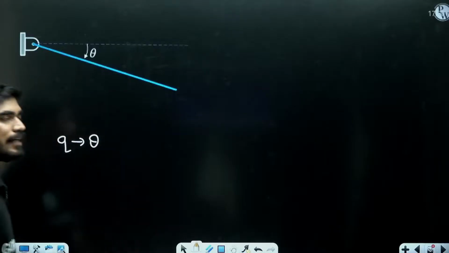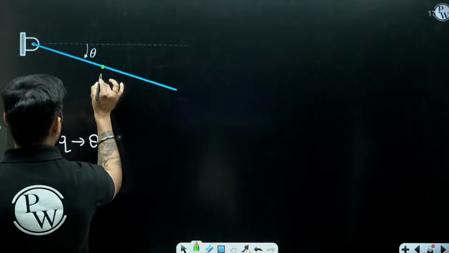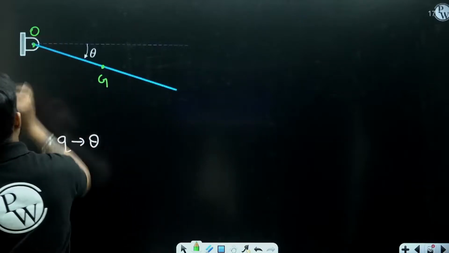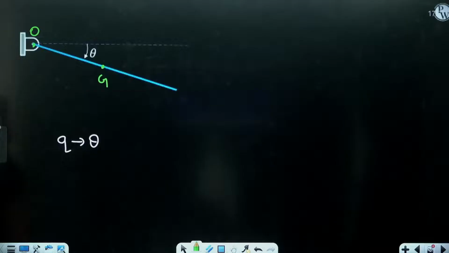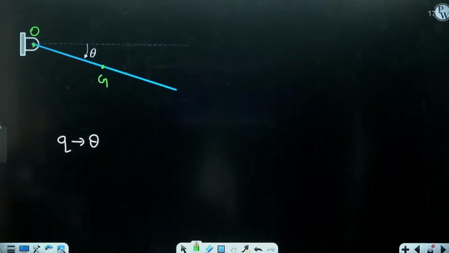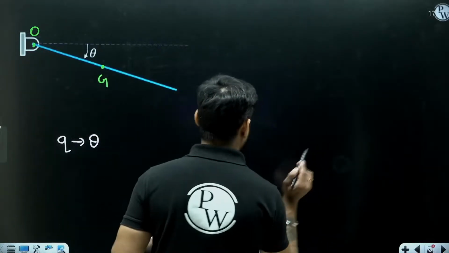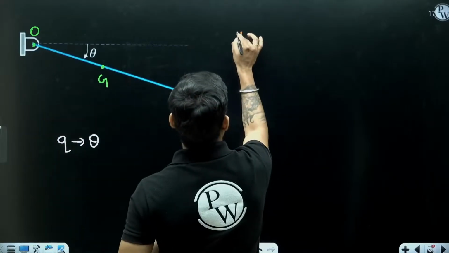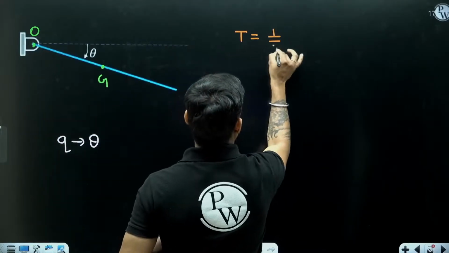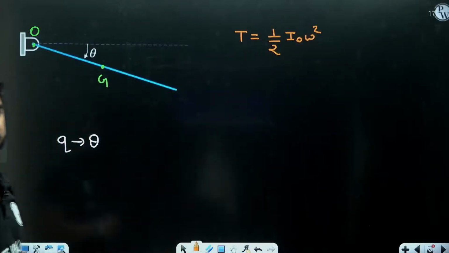Now how will we write the equation of kinetic energy? I told you that you can write it with respect to the center of gravity or with respect to the center of rotation. If you write the equation with respect to the center of gravity, you have to write the linear kinetic energy term as well as the rotational kinetic energy. But if you write the equation with respect to O, you have to write only the rotational kinetic energy, right?